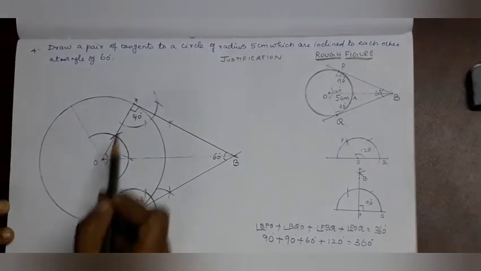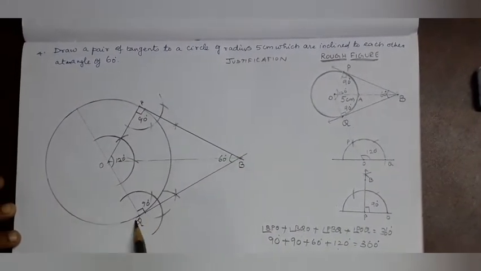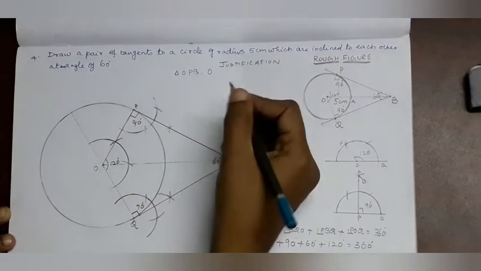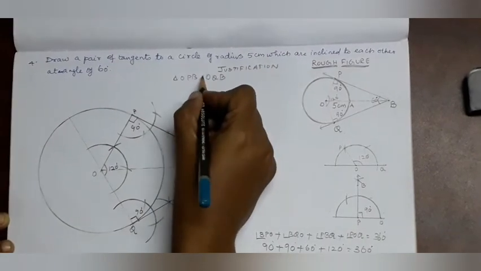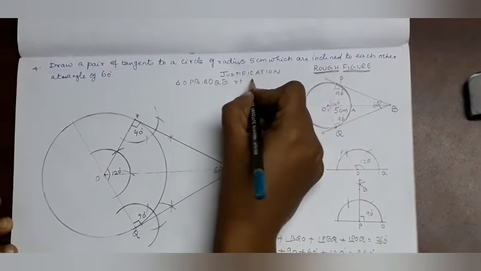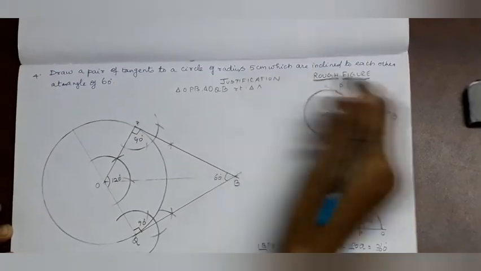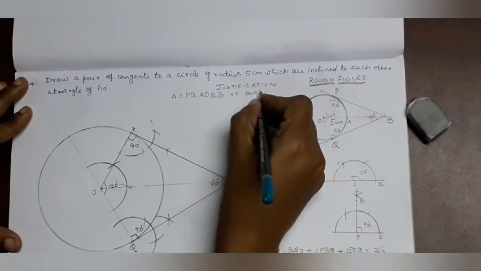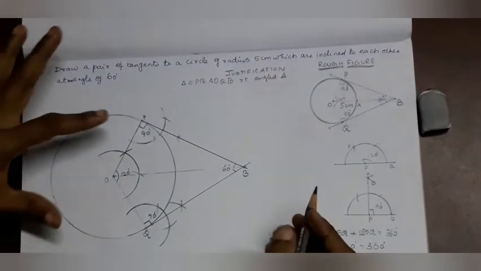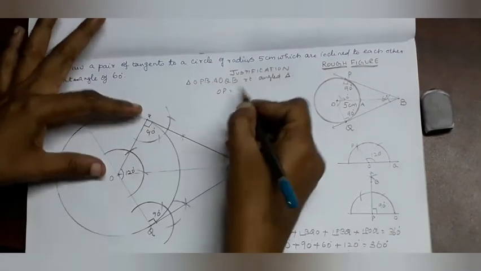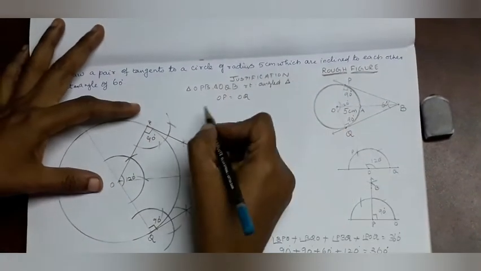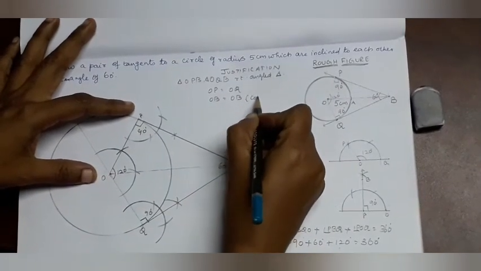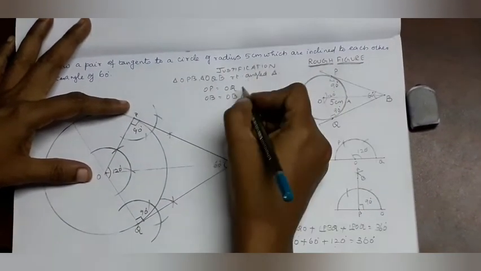Take the triangles OPB and OQB. As we know, these are right-angled triangles. Now we have to say OP is equal to OQ, radii. OB is equal to OB, common.